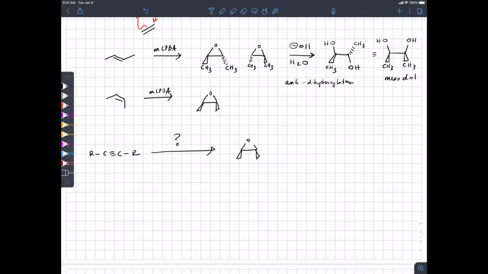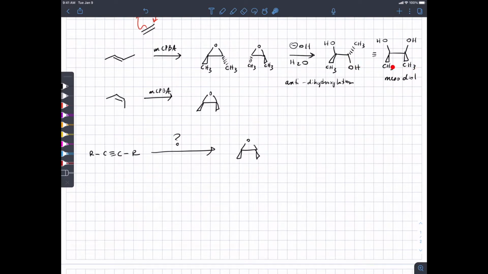And so it would be possible to write a synthesis question where I have you end up here, and I want you to start at the alkyne, and you have to make your way all the way here, keeping track of the stereochemistry. And the danger is that you're going to look at that and say, okay, I want to open up an epoxide, but the epoxide needs to have the methyl groups cis to each other. Do you see how I've drawn this in a way that conceals the fact that epoxide opening is anti?